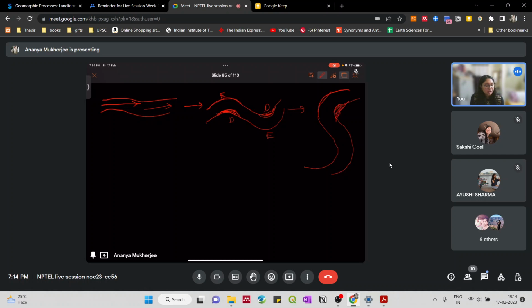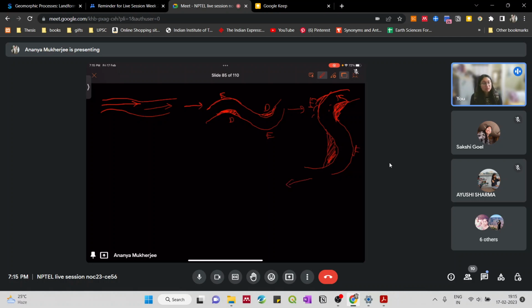And when material is getting accumulated over here, it is going to be harder for the river to flow easily from this part, so it will start shifting. It will start eroding this area. Over here also, this part is going to get deposited. The more the deposits accumulate, the more this part is going to get eroded.